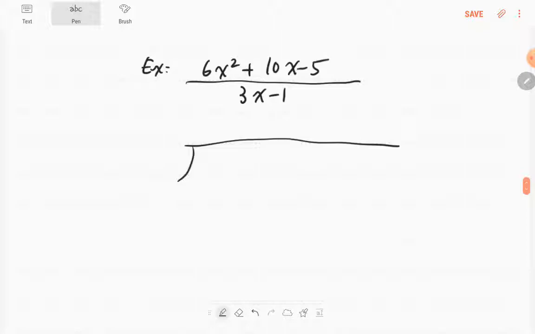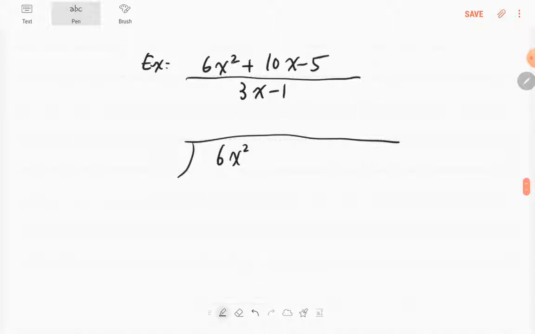Before we start, we make sure to check the dividend. If there's any missing term, we should insert the missing term first. So here we know the degrees are 2, 1, 0, so nothing is missing. We could just copy it down.